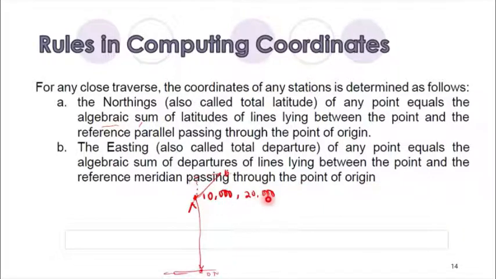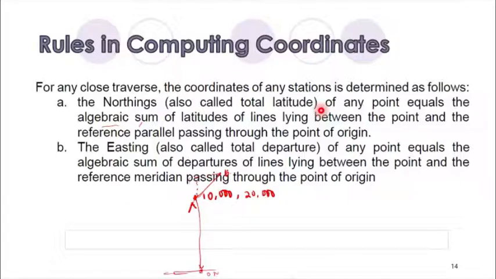Back to this illustration, the eastings here is 20,000, meaning to say the line having an easting of 0 is somewhere here. The real origin of this point is actually here. So the easting 0 and northing 0 is here.